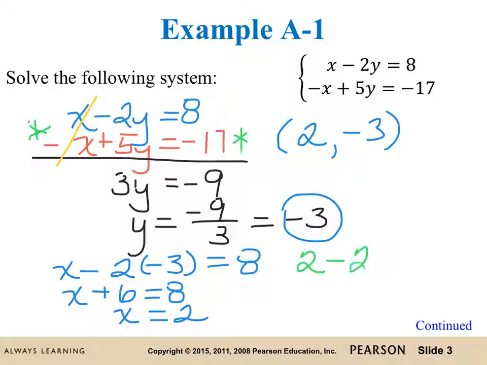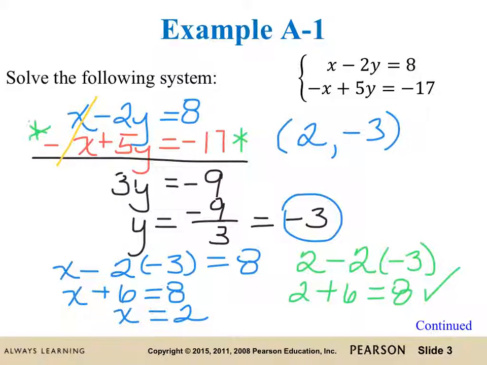So x minus 2y is 2 minus 2 times negative 3, and we want to know if that's equal to 8. In fact, negative 2 times negative 3 is plus 6, and 2 plus 6 does equal 8, which checks in our first equation. So there are some similarities between the addition method and the substitution method.